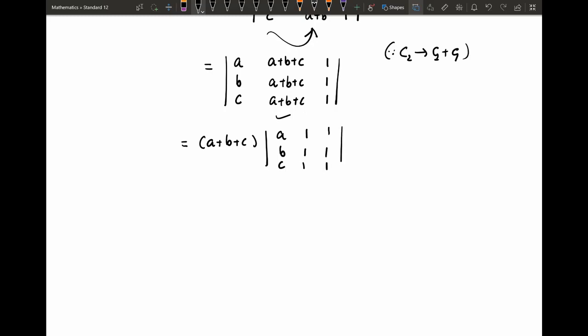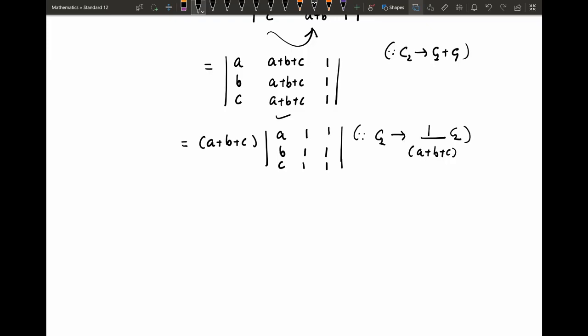So symbolically let us denote this: taking a plus b plus c common from the second column, C2 to 1 upon a plus b plus c of C2. This is the symbol to denote taking a plus b plus c common from the second column.